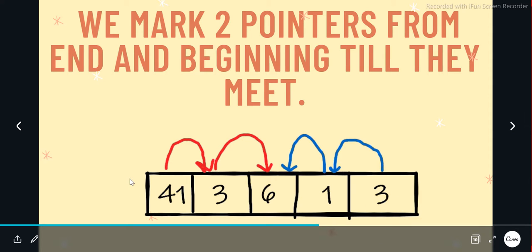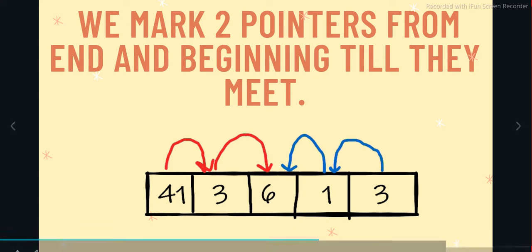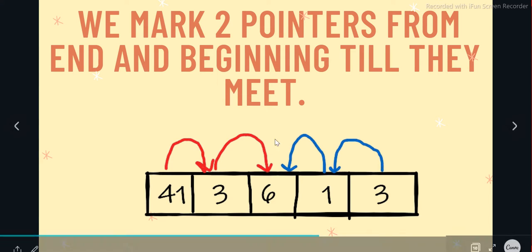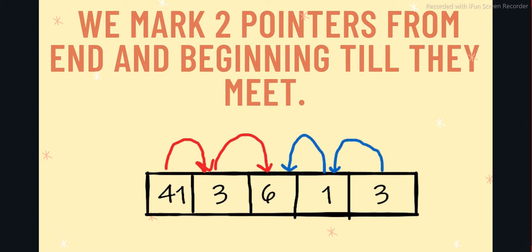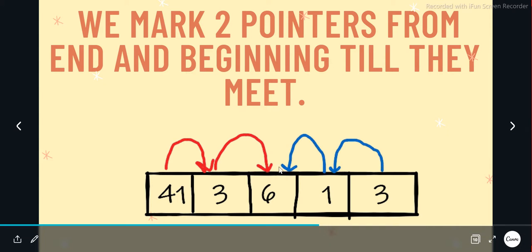We will make two pointers and slowly move the beginning pointer towards the end and the end pointer towards the beginning until both of them reach a single destination. Here there is an odd number of terms. When there is an even number of terms, they will not reach the same... no, sorry, they will reach the same destination. This is only a two pointer concept.